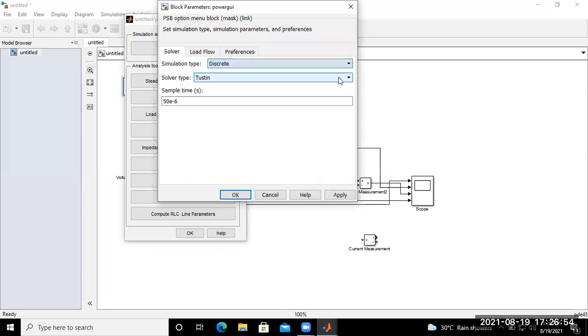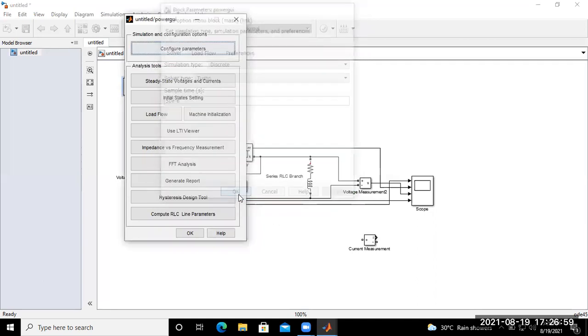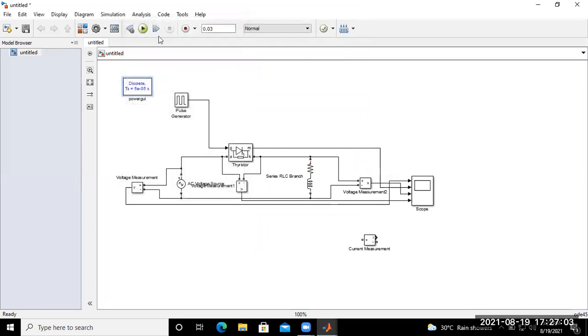So it's great, and default value for this one. Now run the model.